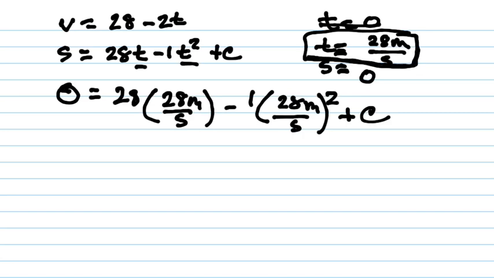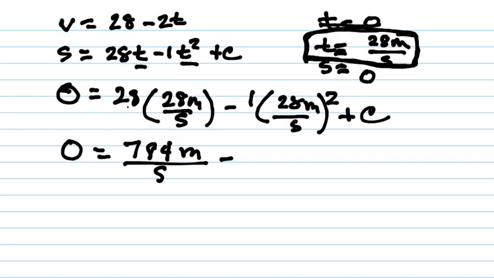So the time that we're traveling is given by that function. And then we get 0 equals, here, it's just 28 times 28, which is 784 meters. And so, over second, minus 28 squared, which will give us the same exact number, right?